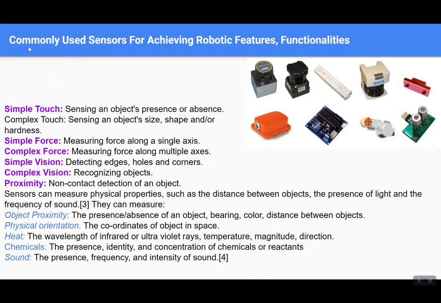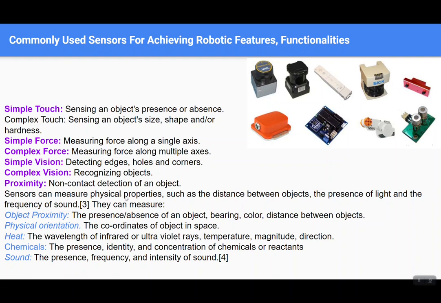So in this slide, we are discussing commonly used sensors for achieving robotic functionalities. It's showing simple touch, sensing the object's presence or absence; complex touch, sensing an object's size, shape, and or hardness; simple force, measuring the force along a single axis; complex force, measuring force along multiple axes; simple vision, detecting edges, holes, and corners; and complex vision, recognizing objects; proximity, no-contact detection of an object.